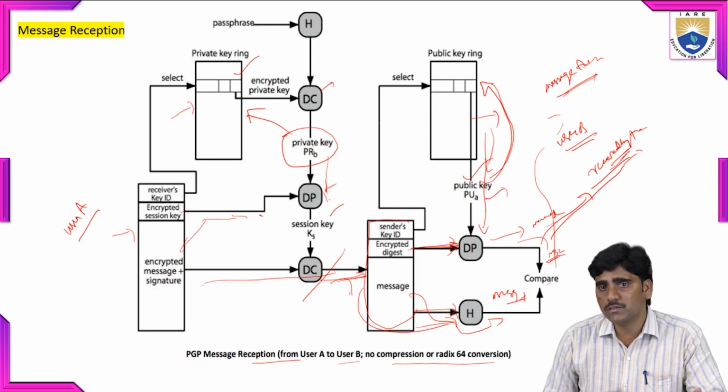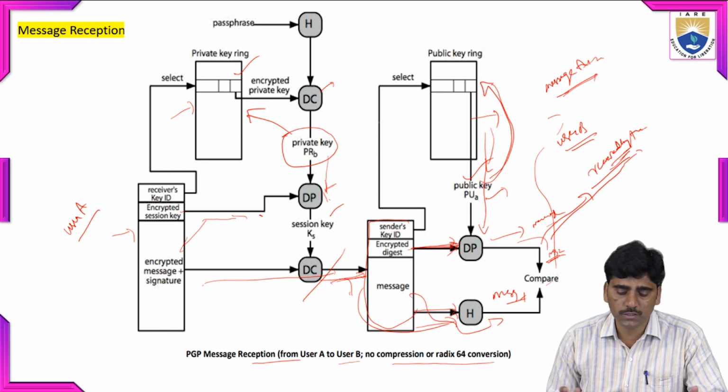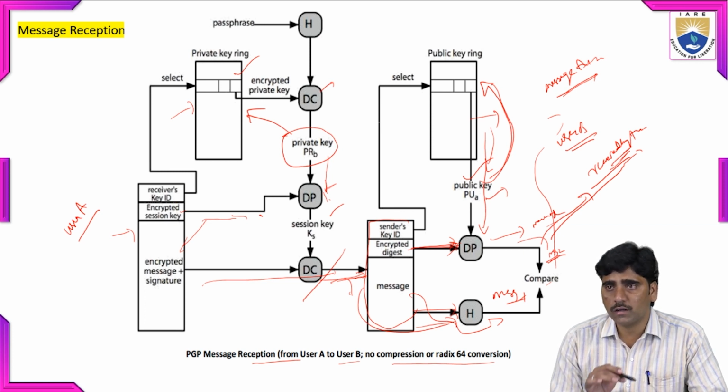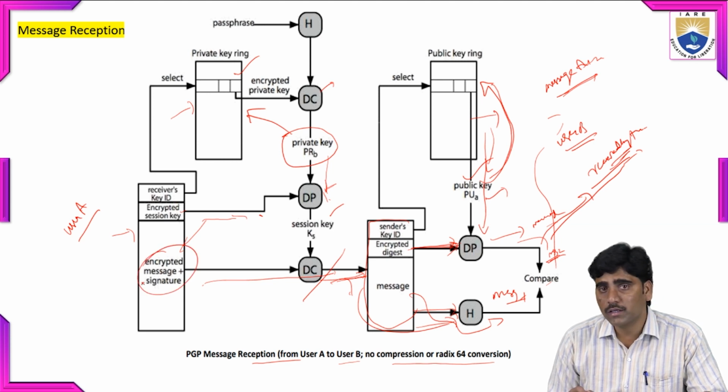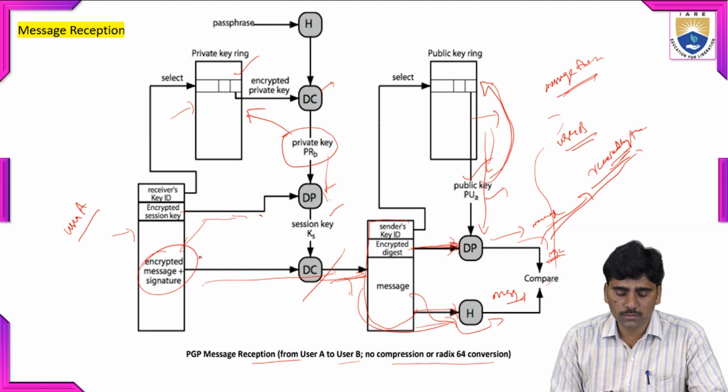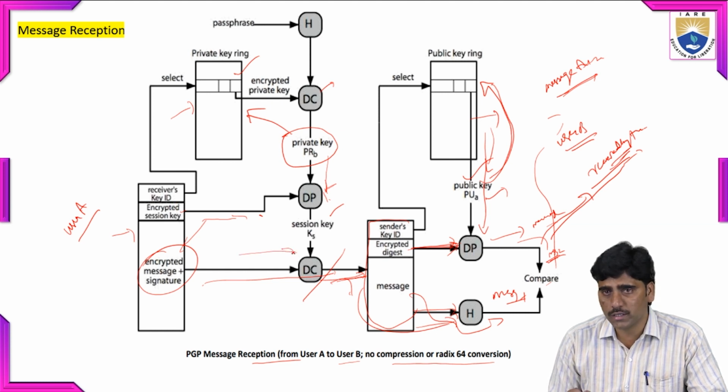Once the message is received at the receiver side, we compare the sender's mail and the received mail. In PGP message reception, the received message is a combination of an encrypted message with a signature.